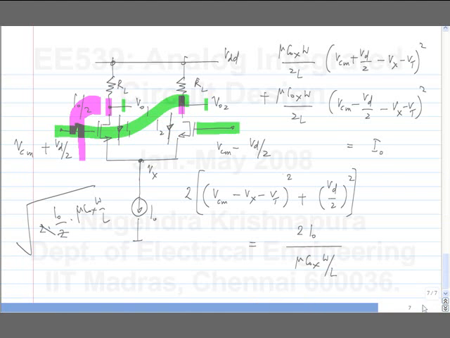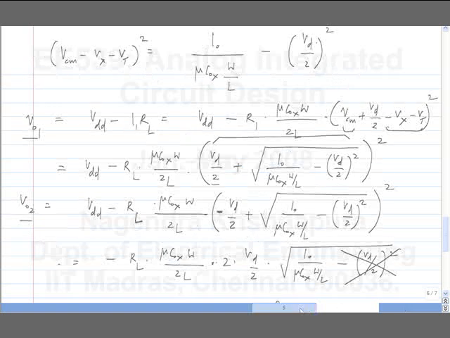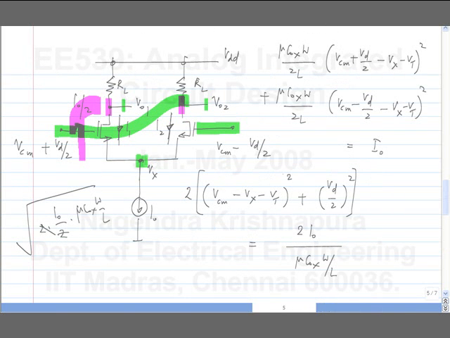Now, one of the interesting things is this, what will be Vx? What do you guess is the small signal gain from Vd to Vx? What is the small signal gain from Vd to Vx? What should it be?